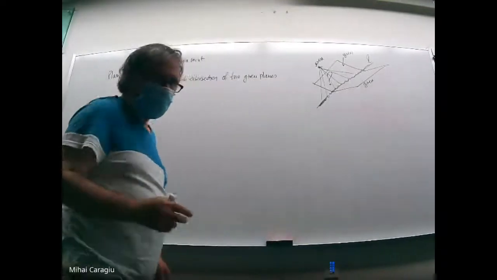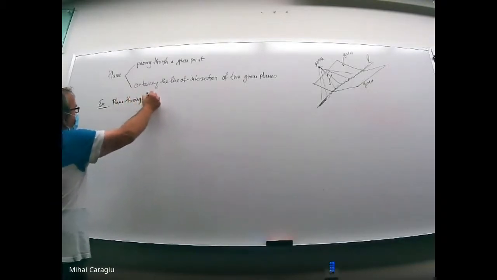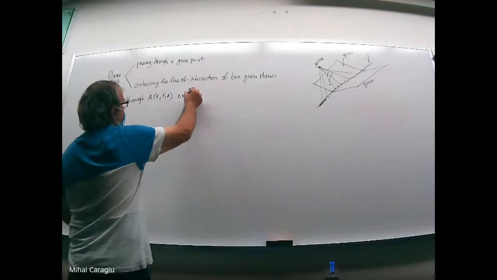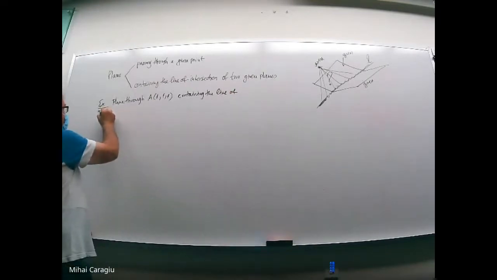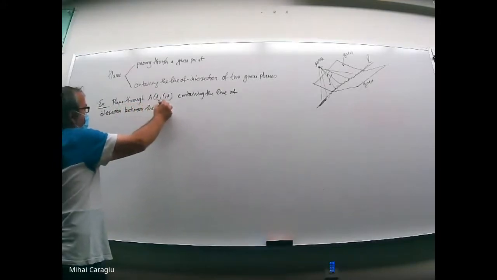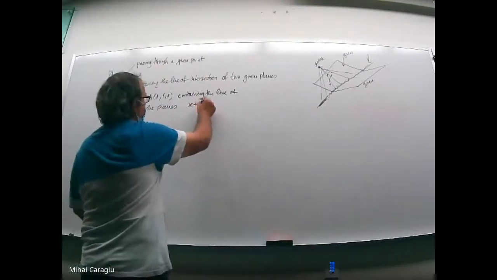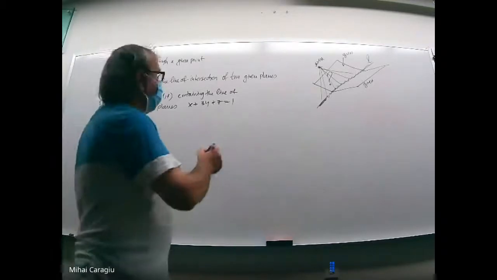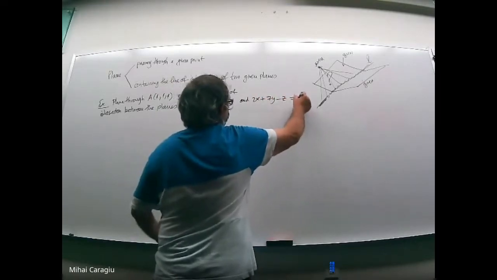The plane through the point A with coordinates 1, 1, 1, and containing the line of intersection between the planes x plus 3y plus z equals 1, and 2x plus 7y minus z equals 1.